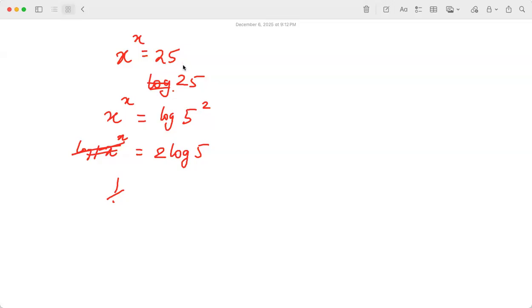If you take log on both sides, log 25, so the base will be x. Maybe I'll solve it and tell you after a while. I couldn't solve it because it was rounded to the nearest hundredth. I think it's 2.9 something, because x to the power x equal to 25.